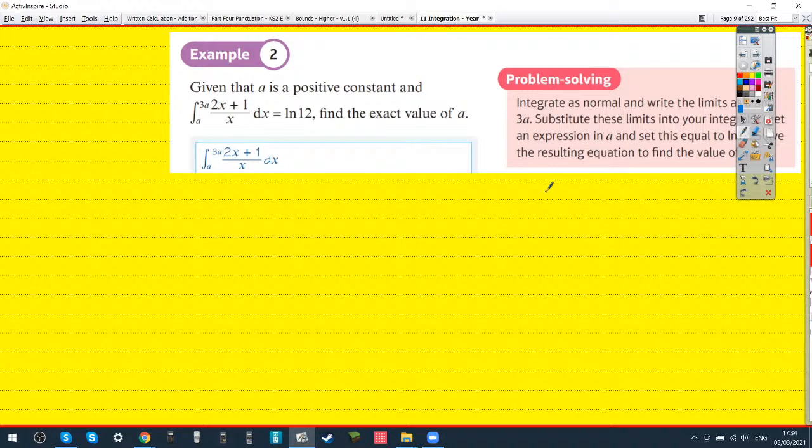Okay, so it's another definite one. Firstly, would you do x to the minus 1 brackets 2x plus 1?